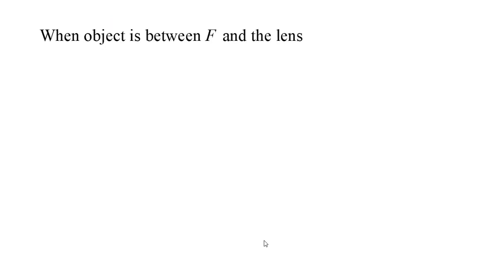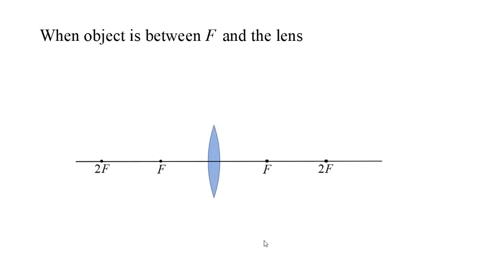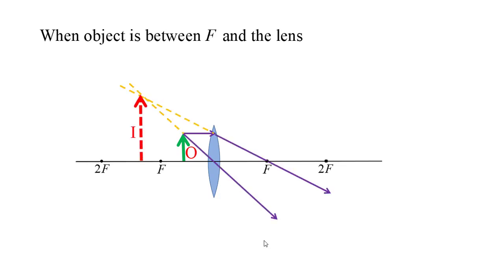When the object is between F and the lens, we already saw that the image is created here, and this kind of image is virtual, upright, and enlarged, which is exactly consistent with our mathematical solutions.